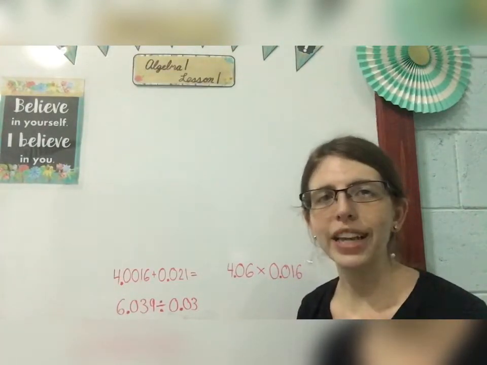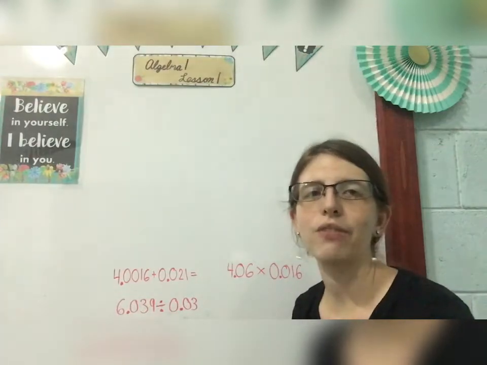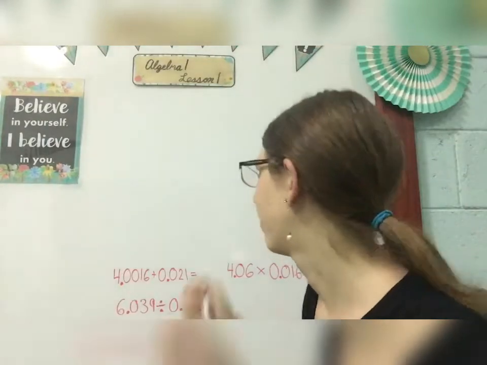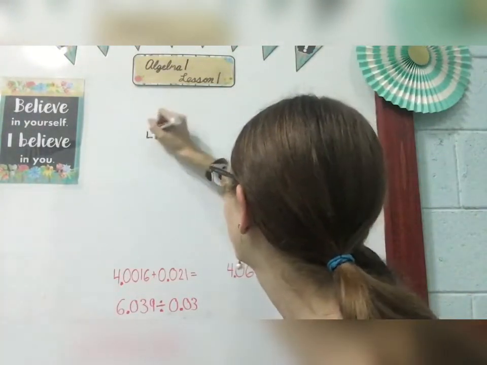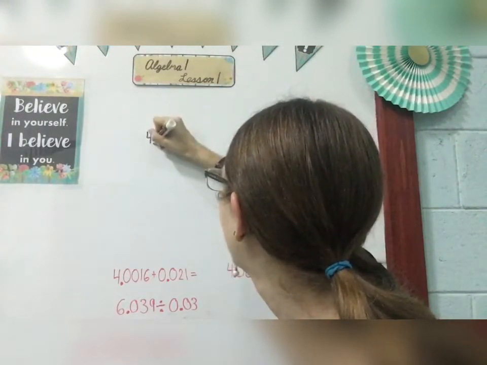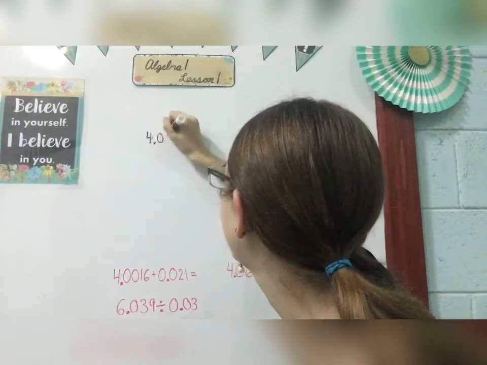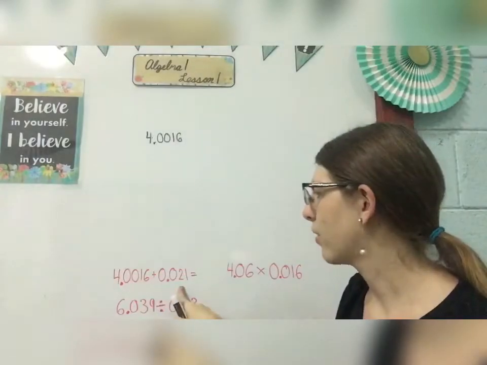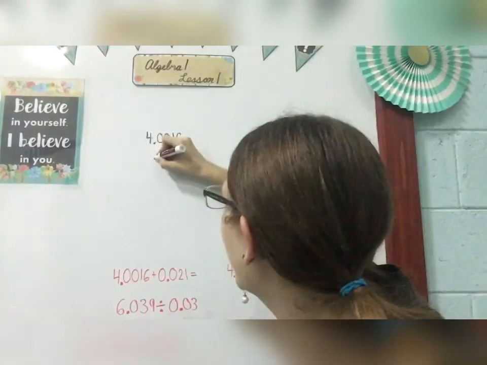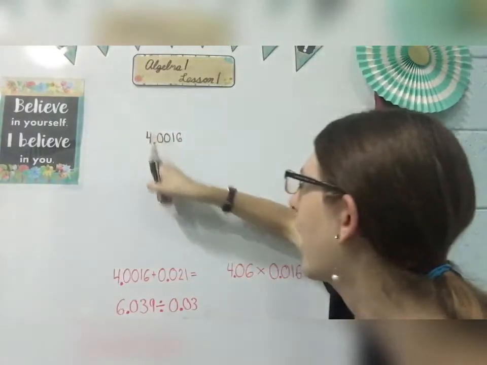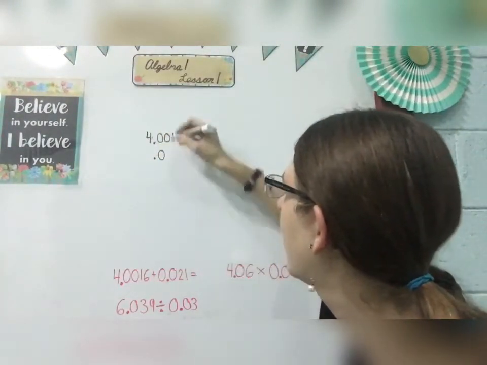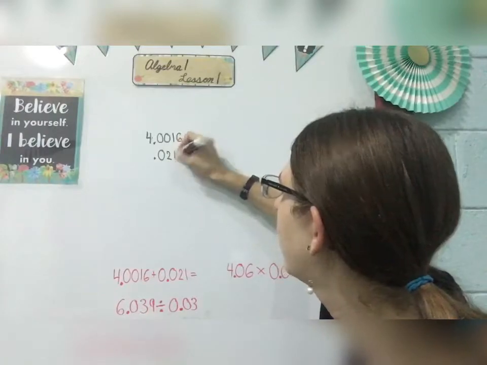Well, my rule is that my decimal points have to line up, and it's the same for addition and for subtraction. So I start with my first addend, 4.0016. Then I go to my next one. I'm going to go ahead and line up my decimal point right now. So right after my decimal point is 0, then 2, then 1.